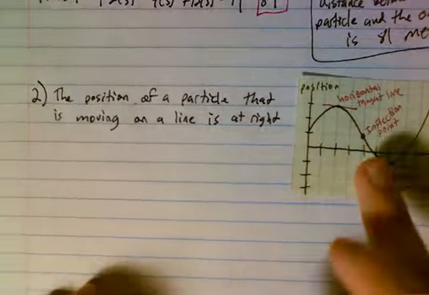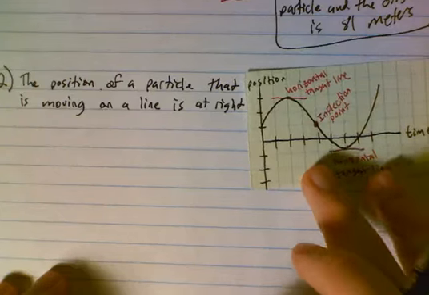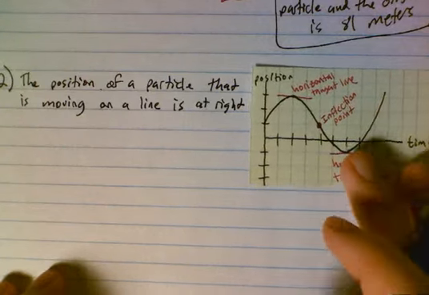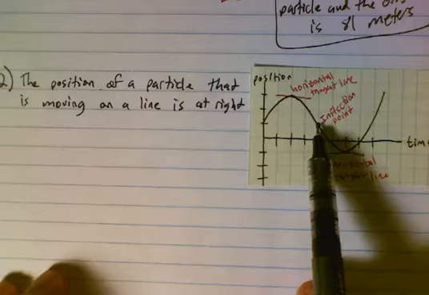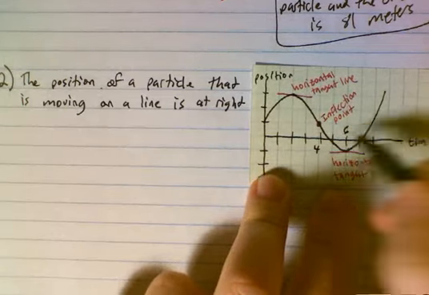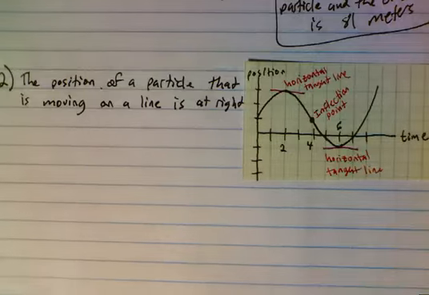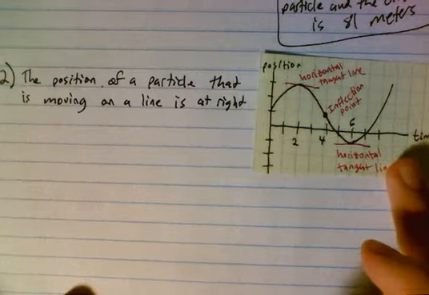So you can just sketch that in, position and time. We're going to be told in the problem there's an inflection point right here at x equals 4, a horizontal tangent line at x equals 6, and another horizontal tangent line at x equals 2. And we've got a couple of questions.